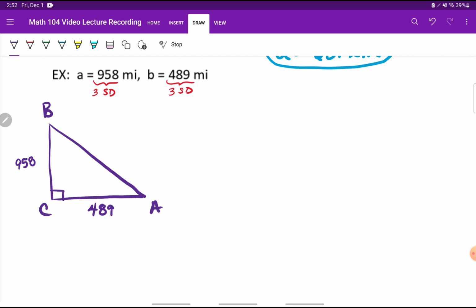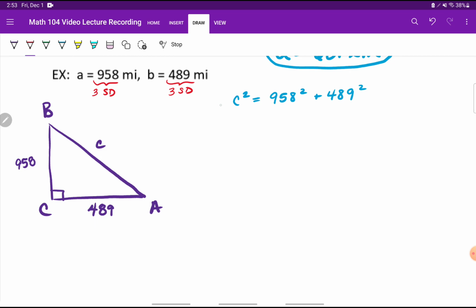Well, since we were given 2 sides of a right triangle, we don't need trigonometry to be able to find the third side. All we need is Pythagorean theorem. So I would find side C right away using Pythagorean theorem. So C squared is going to be equal to 958 squared plus 489 squared.